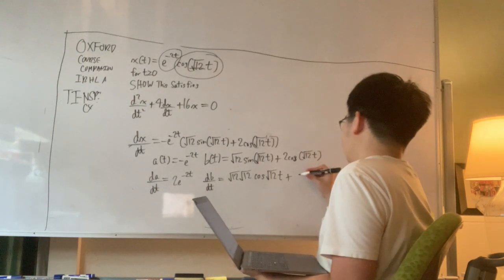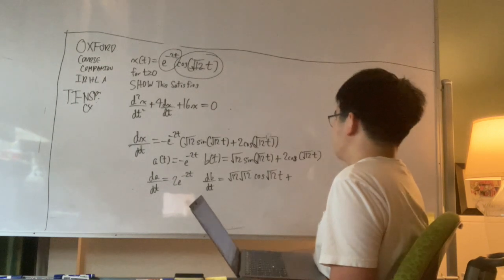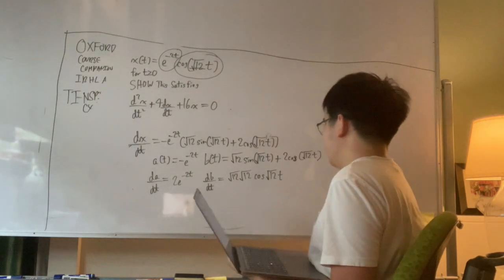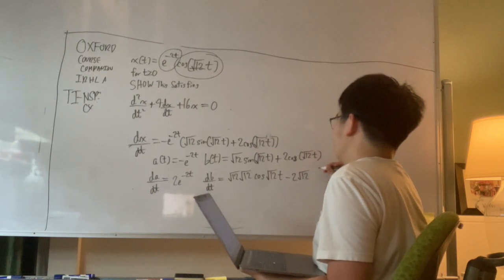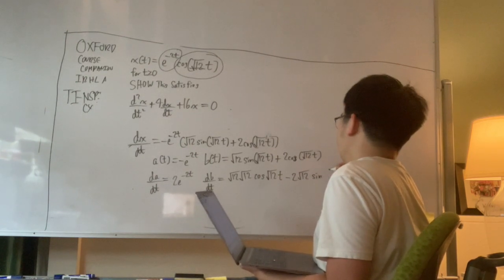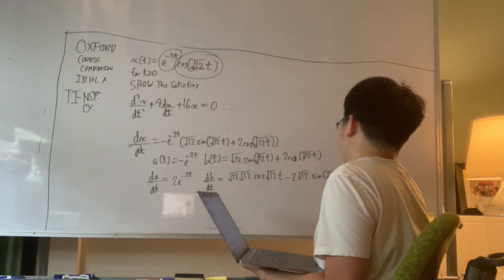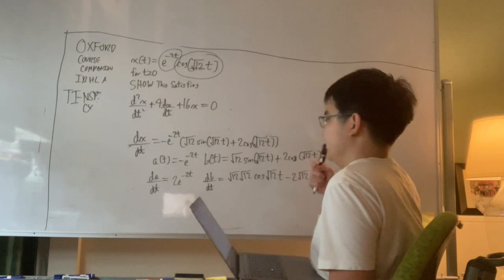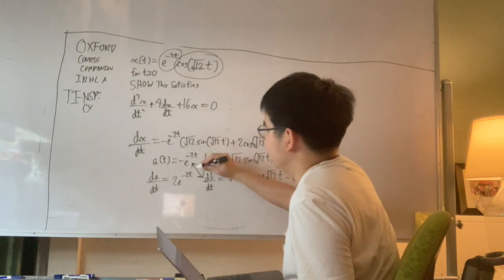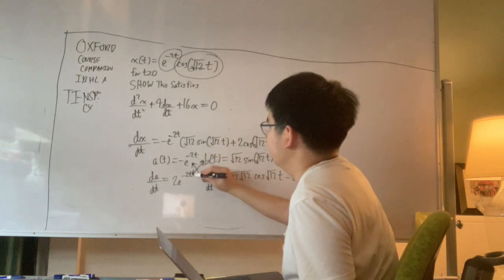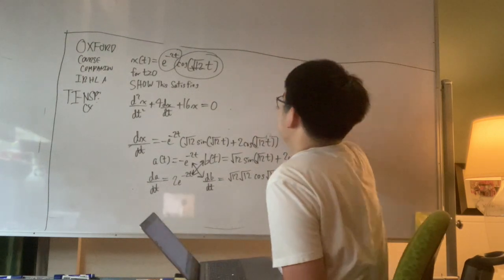And then this is minus 2 square root of 12 sine square root of 12t. Oh god, and now I cross this over. And now that's going to look painful.